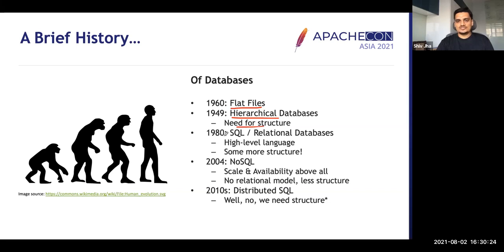In the 1980s, we had this nice thing where we started using relational algebra, and on top of it, those concepts came to databases, and we had SQL databases, or relational databases as they are known. This has a high-level language like SQL, and then there are abstractions like tables and columns, data types, all of those.